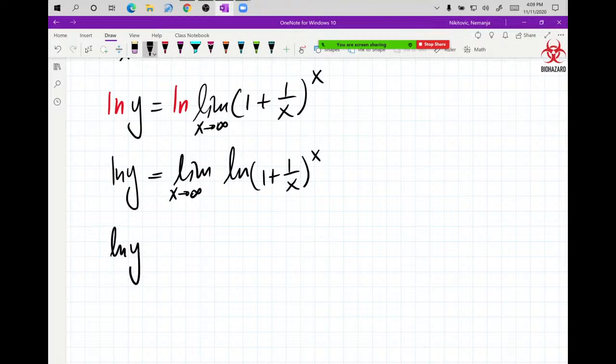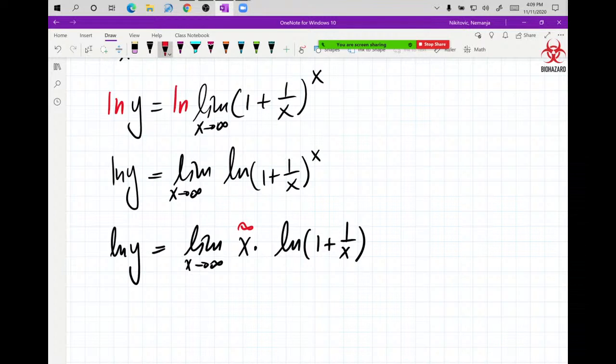So ln y is equal to the limit as x goes to infinity of x times ln of 1 plus 1 over x. There we go. So now, when you plug in your infinity, you get infinity here, and you get 0 there, because 1 over x is going to be 0, so ln of 1 is 0.